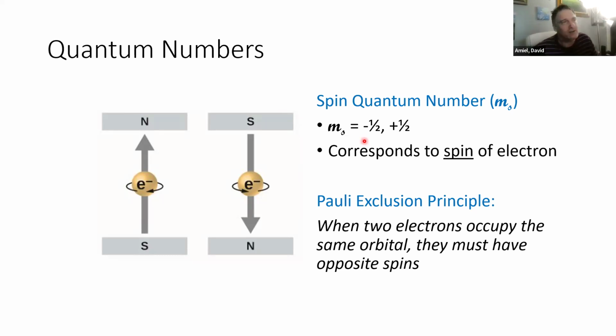In the next few minutes, we're going to start writing electronic configurations, and there's a couple of important rules for writing electronic configurations. One is called the Pauli exclusion principle. When two electrons have the same orbital, they have to have opposite spins, plus 1/2 or minus 1/2.